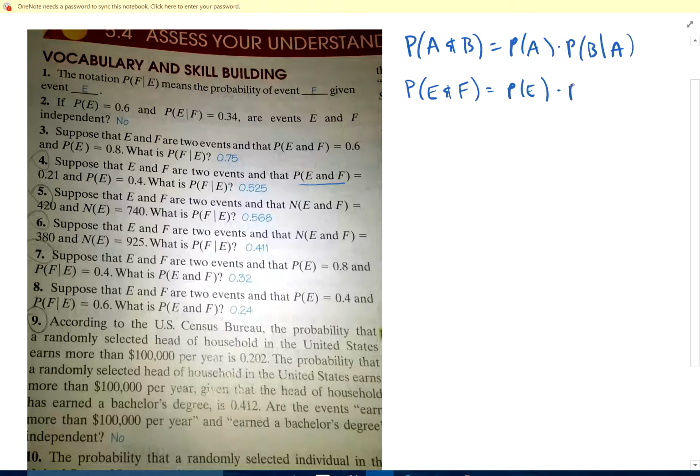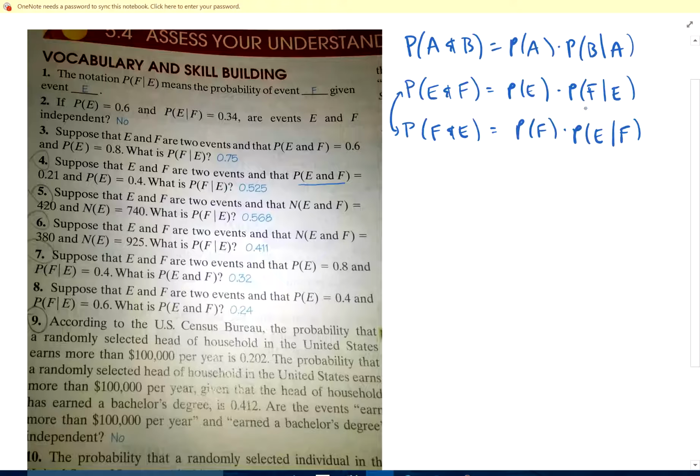Probability of E and F equals probability of E times probability of F given E. Or I could write it like this, probability of F and E, because these two are the same, right? That's the probability of F times the probability of E given F. Okay, so either way that you write it, these are the same thing.